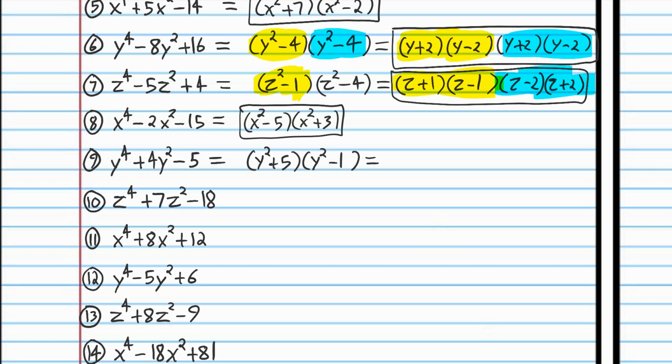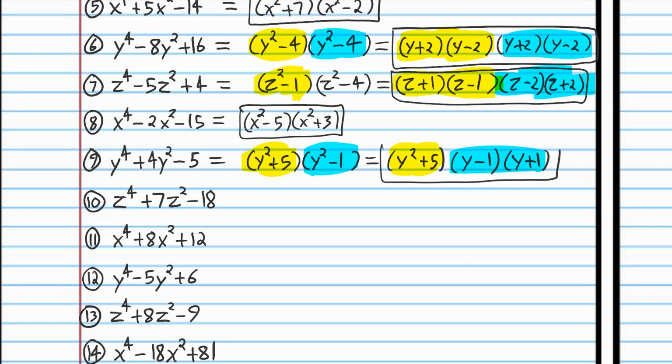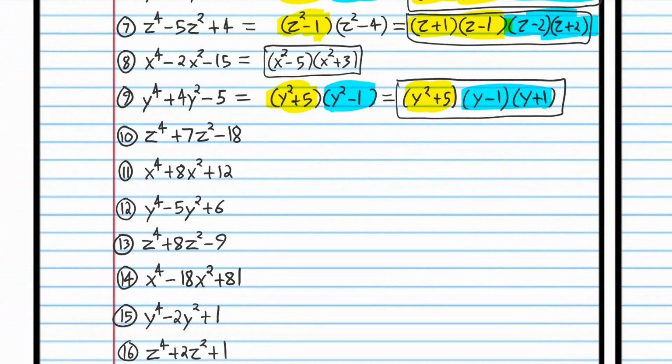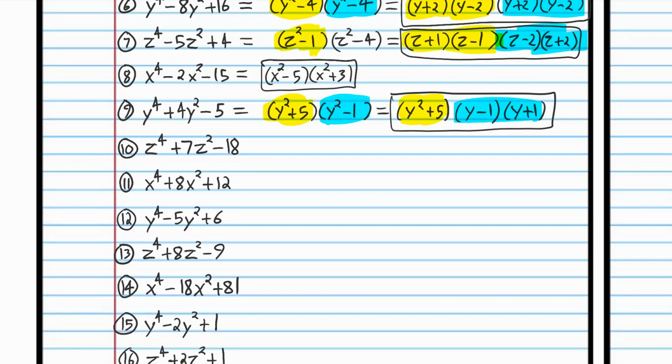And it looks like one of these factors can be factored further, to y minus 1 and y plus 1. Again, I just want to make it clear where each one of these is coming from. So if you got that answer, good job. All right, try number 10, and when you come back, we'll do it together.